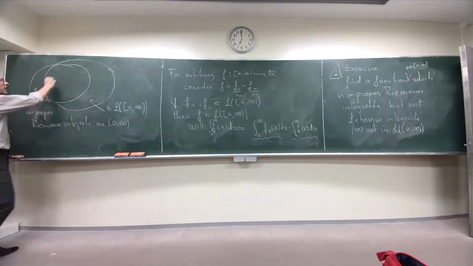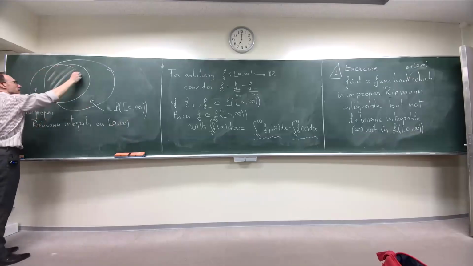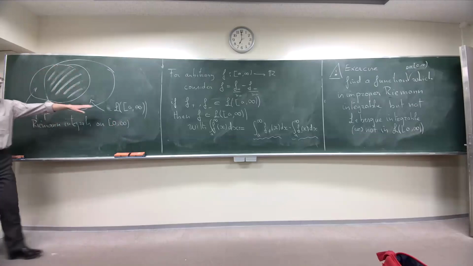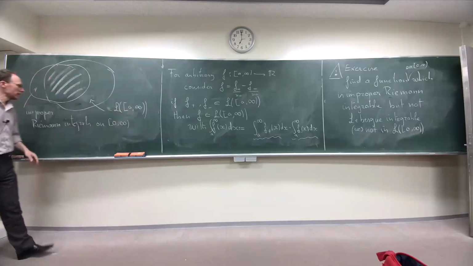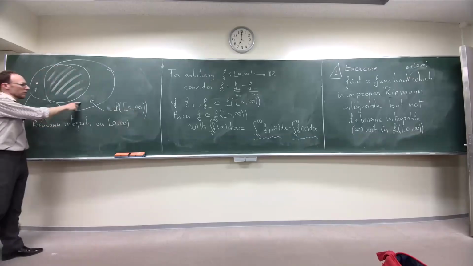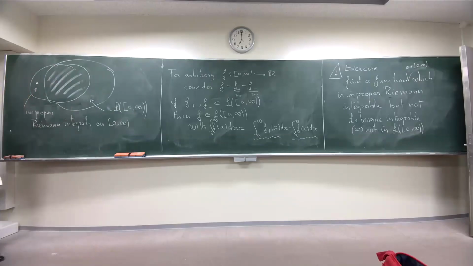So you have many in the intersection, but you also have some functions which are only in L of 0 infinity. And this exercise is about an example of a function which is here. I don't know an example here, but you can probably also find one.